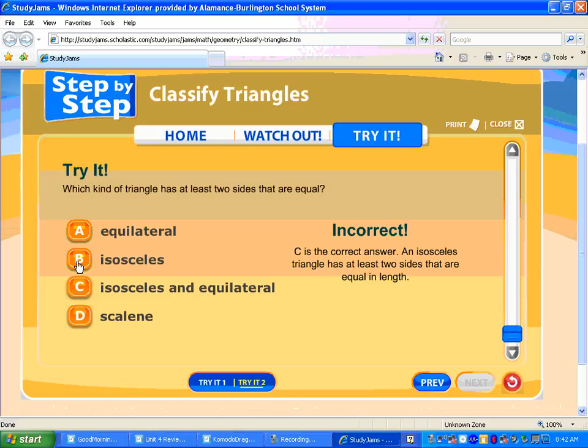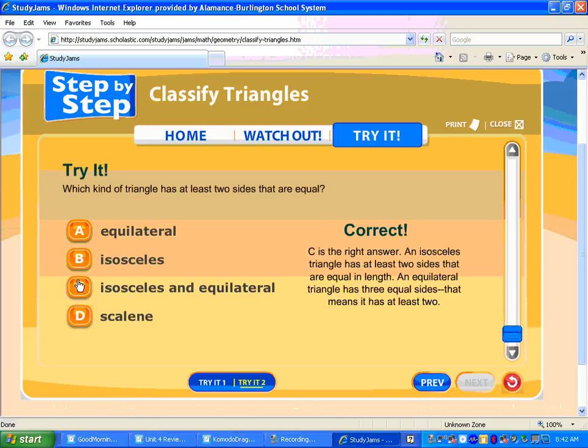Isosceles and equilateral are both correct. This can get tricky. An isosceles triangle has at least 2 sides that are equal in length. An equilateral triangle has 3 sides that are equal in length, which means that it has at least 2.